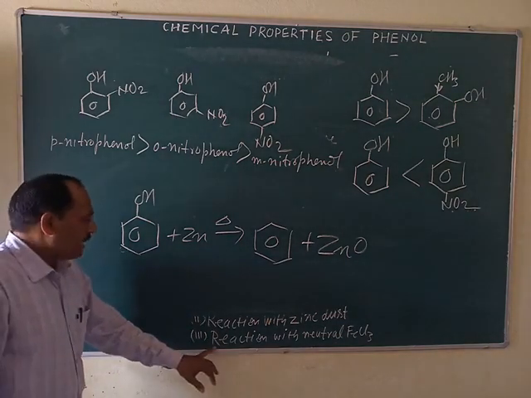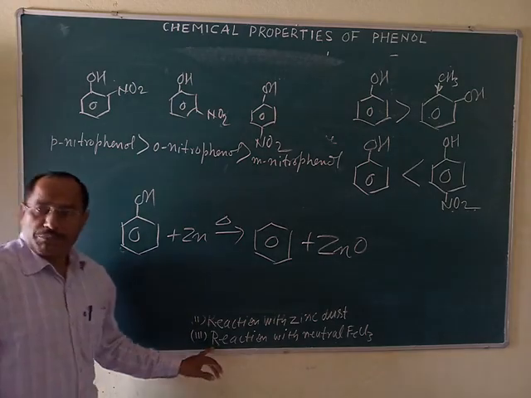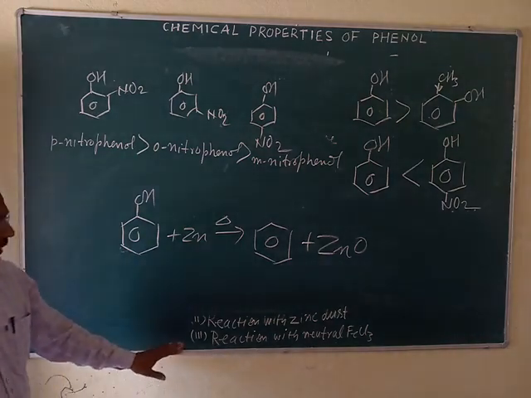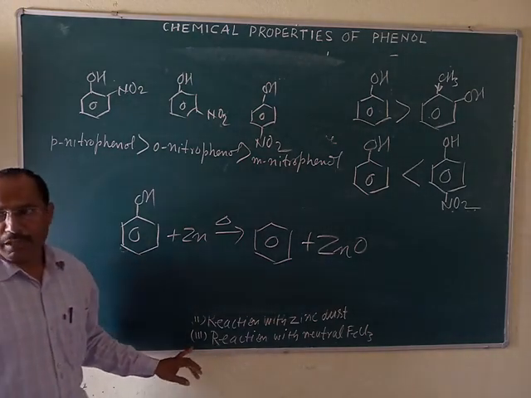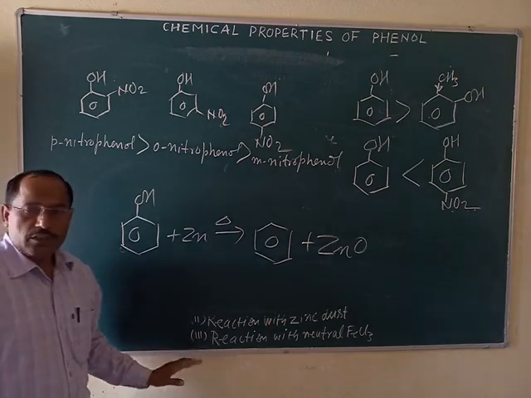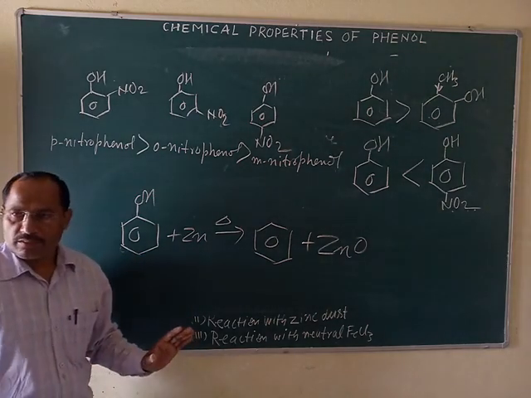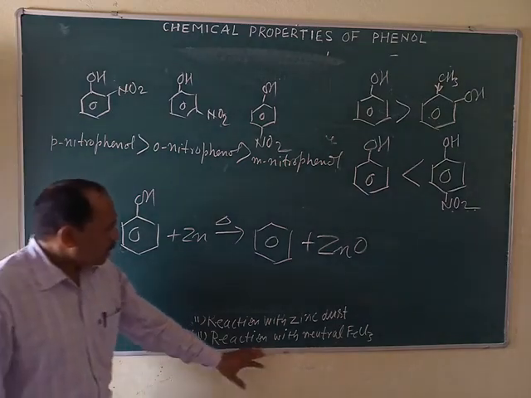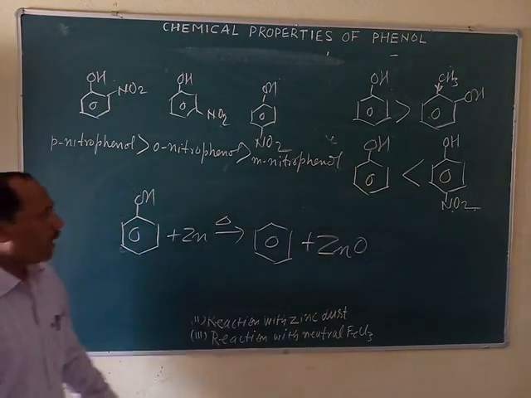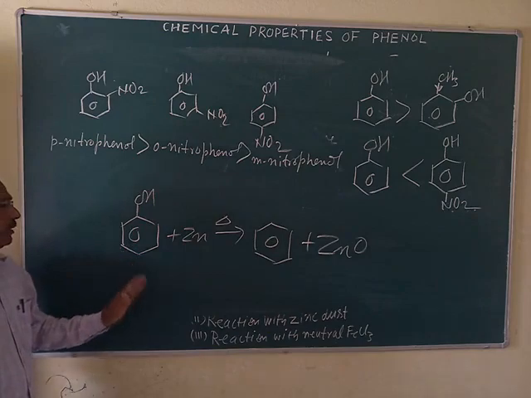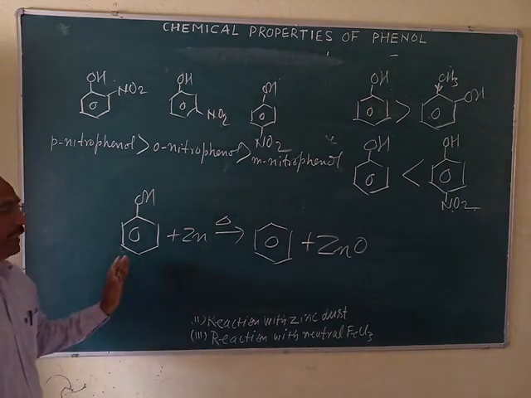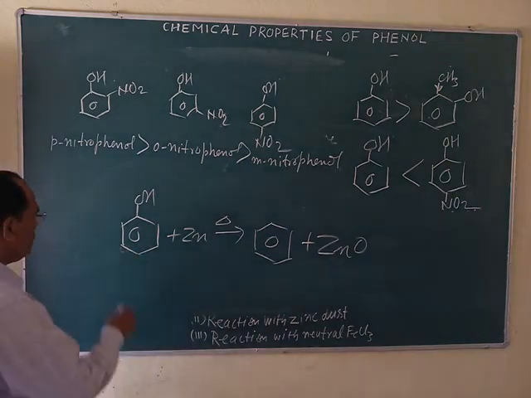And the last reaction, which is different from alcohol, is a chemical test. Means by this test we can distinguish between alcohol and phenol. Reaction with neutral ferric chloride. When phenol is treated with neutral FeCl3, it gives violet color.